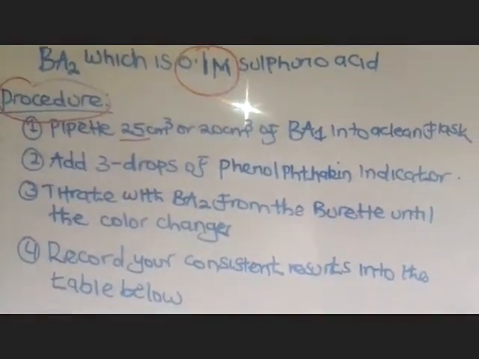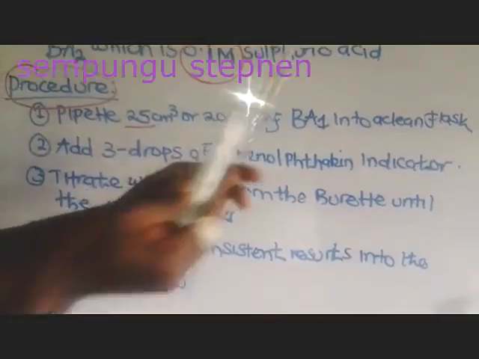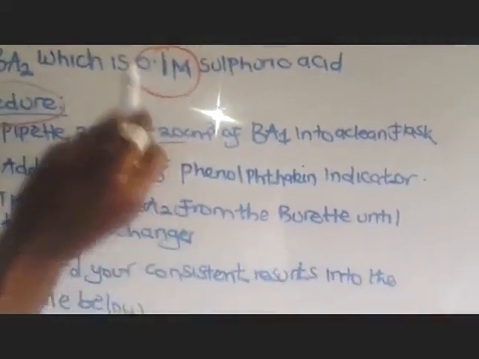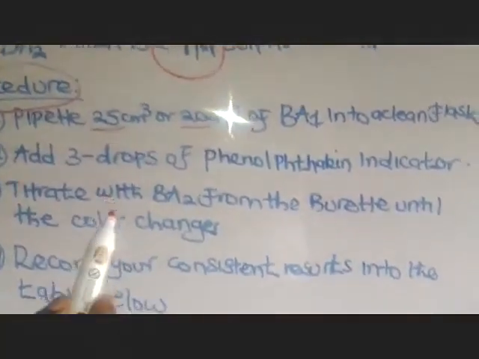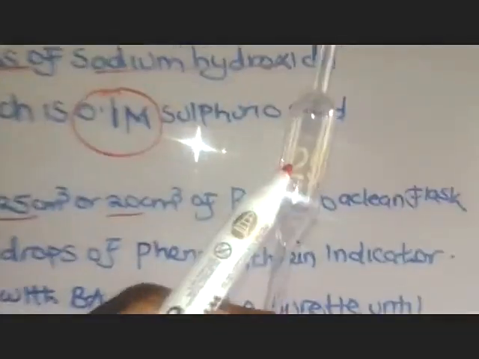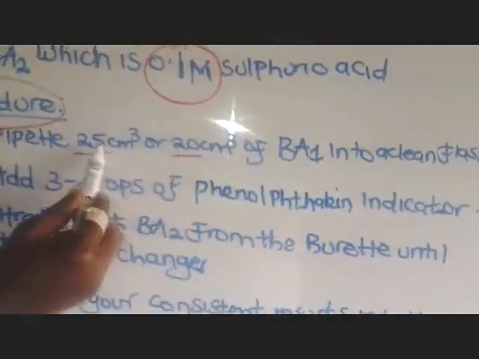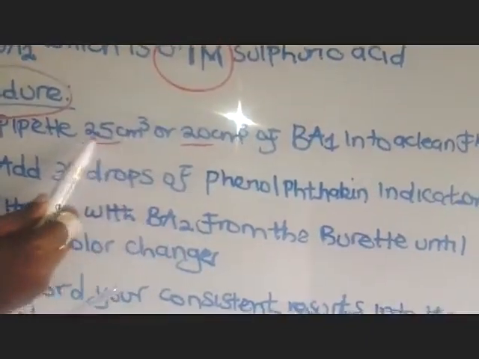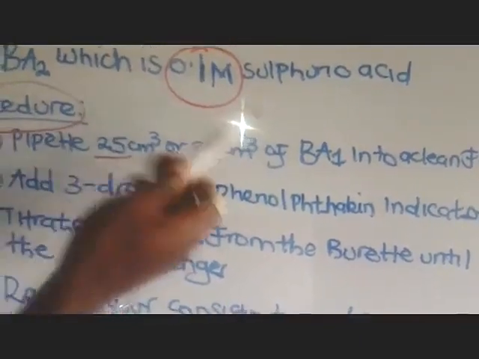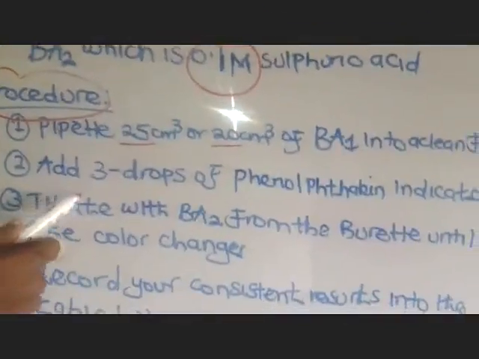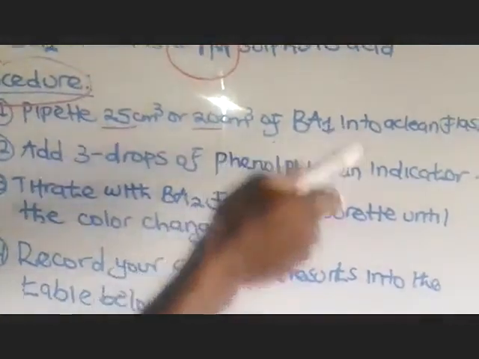That means we are going to use the pipette of 25, or 20. It depends on the pipette they have given you. They can write here 25, or they can write there 20. So from there, you choose one to use. You may use 25 if the teacher has given you a 25 pipette, or you can use 20 if they have given you 20. Then from there, they say we add 3 drops of phenolphthalein indicator.